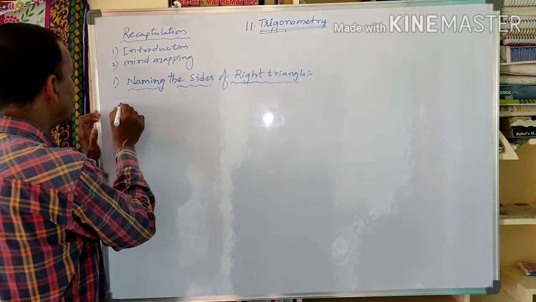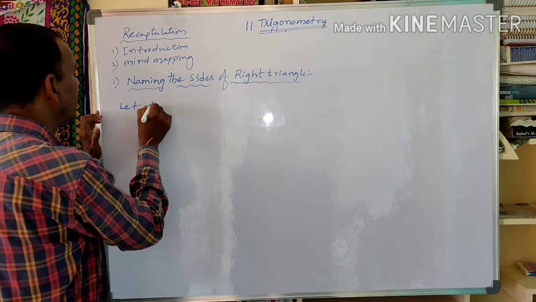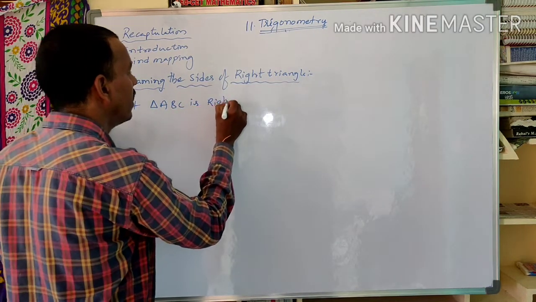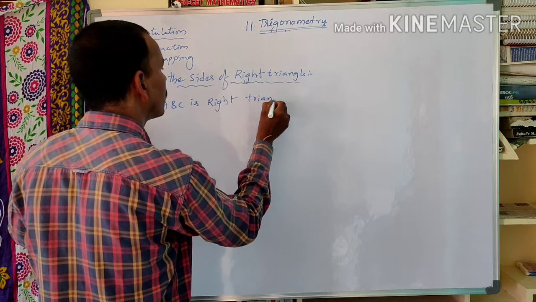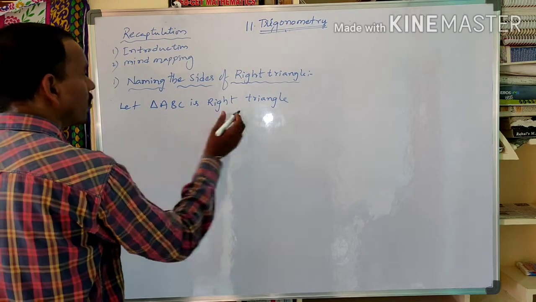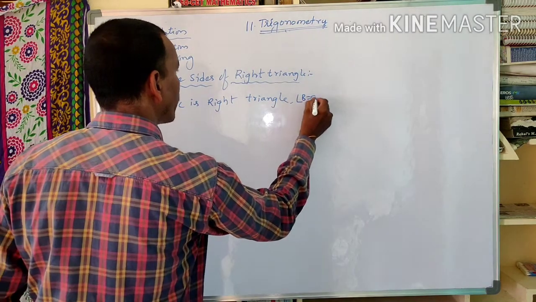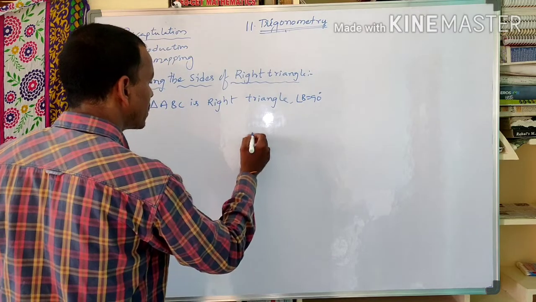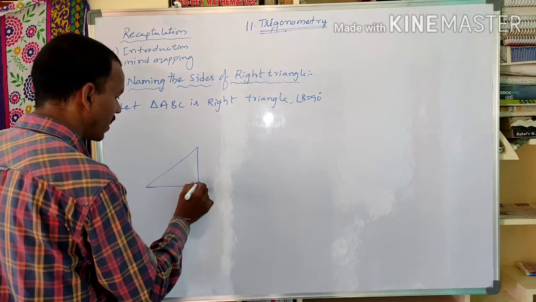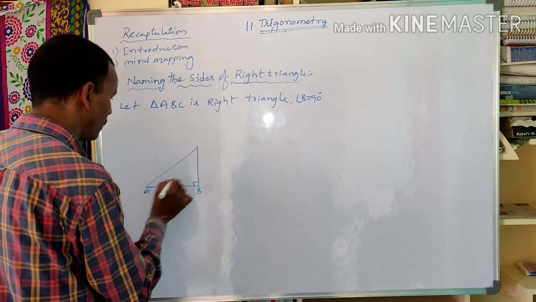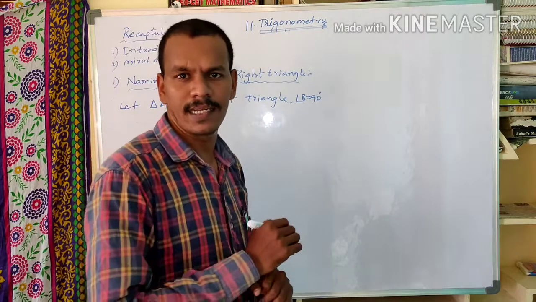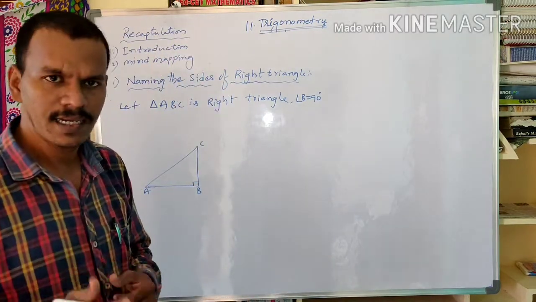Let triangle ABC be a right triangle where angle B is equal to 90 degrees. In a triangle, if one angle is 90 degrees, it is called a right angle triangle.